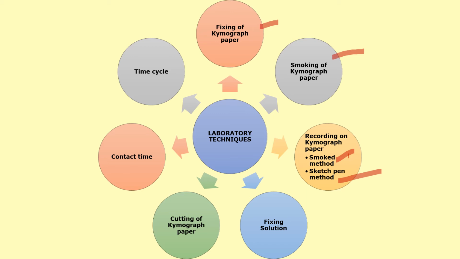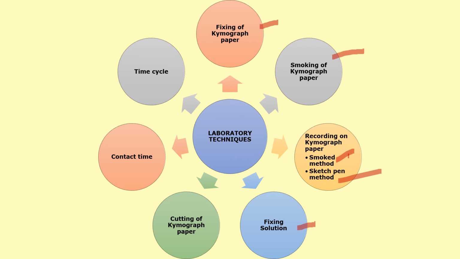If you are using the smoke method, to preserve the recordings you have to fix the tracing with the help of a fixing solution. Preserve the recordings on the smoke drum by properly fixing them with the help of a fixing solution. This fixing solution is prepared from resin, that is either shellac or colophony. You have to take 150 gram of resin.